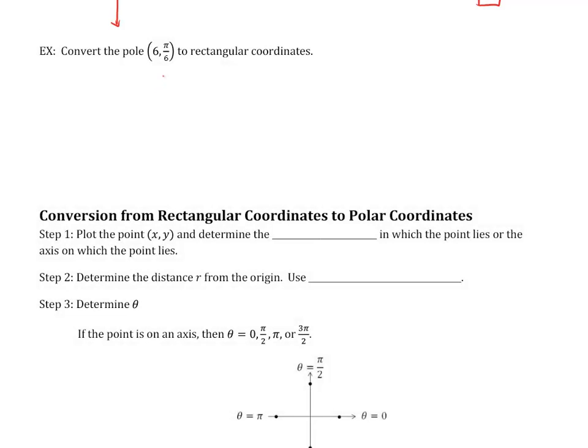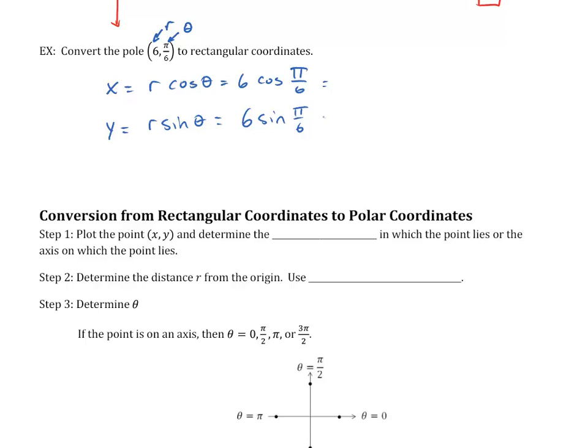So to convert this, we just recognize that my 6 is my r, since it's given in polar coordinates, and my pi over 6 is my theta. So x would be r cosine theta, which is 6 cosine of pi over 6, and y would be r sine theta, which is 6 sine of pi over 6.